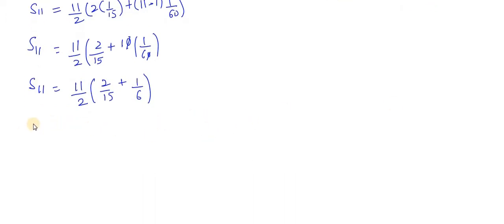How? Either by cross multiplication or by taking the LCM. I told you that taking the LCM is a lengthy process, so now we can go for cross multiplication. Cross multiply this, what will you get? 6 2s are 12 plus 15 ones are 15, divided by 15 into 6. 15 into 6, what are you going to get? 90.